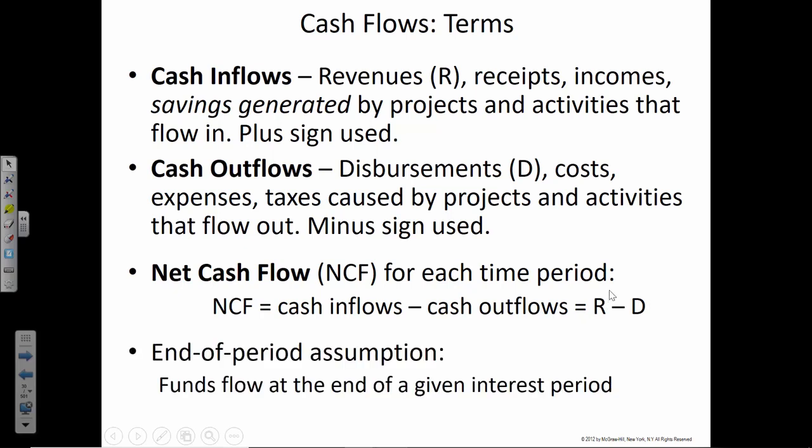And remember, the end of period assumption means that we just combine all of our inflows and outflows during a period, and we represent them as a single combined amount at the end of that period. You have to be kind of careful, though, because sometimes I'll give you a problem where I tell you a monthly revenue and a monthly expense, and you'll be tempted to just add it all up and express it as one single amount at the end of the year.